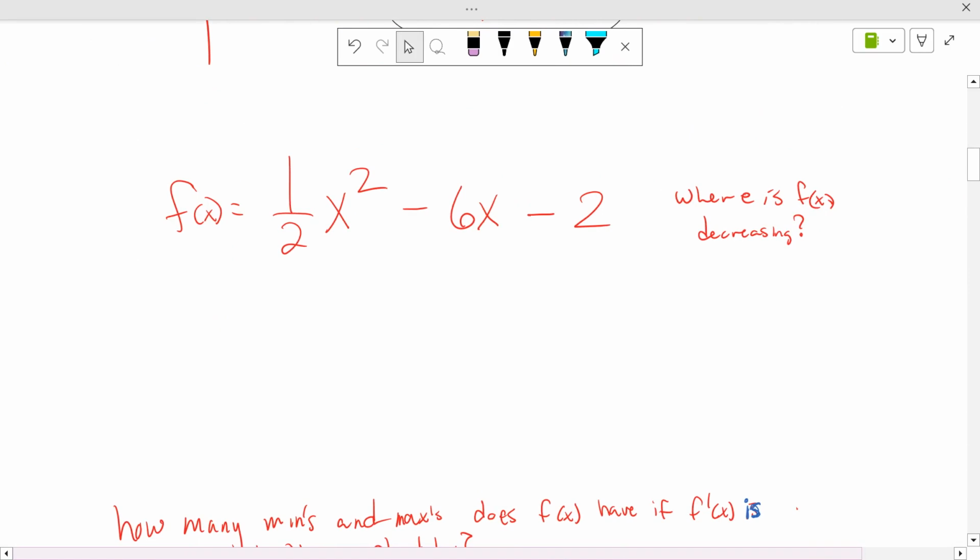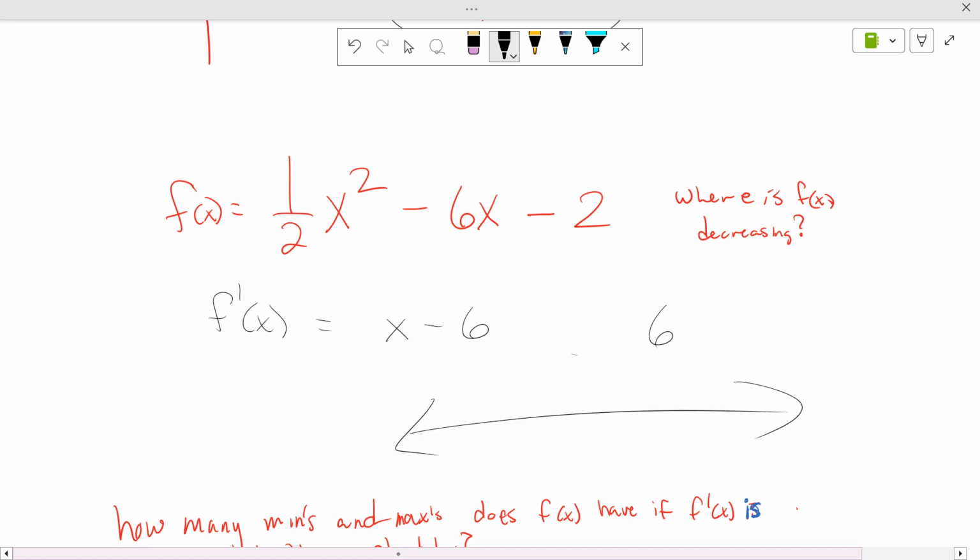All right. Where is this function decreasing? Now this is a question like what you've seen on Khan Academy. Where is this function decreasing? First derivative. So the first derivative is simply x minus 6. So 6 is where it changes from increasing to decreasing. So then we test 7 into this.